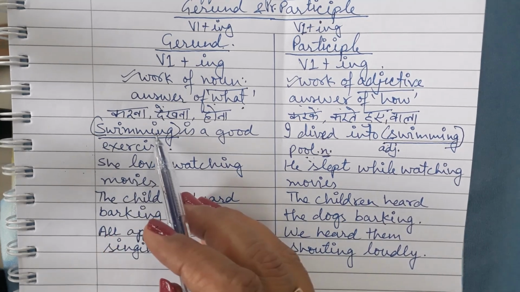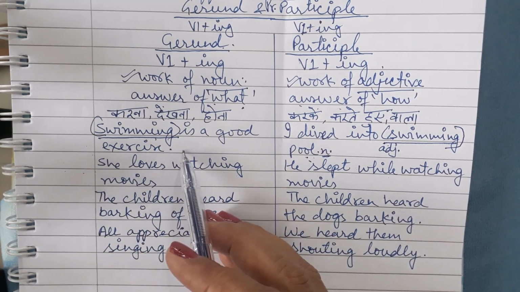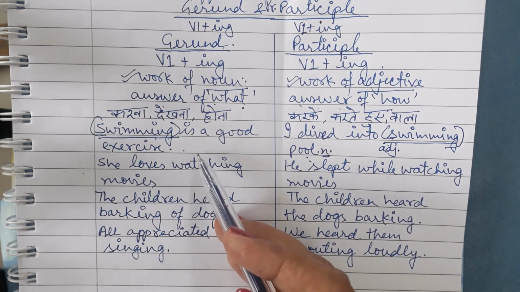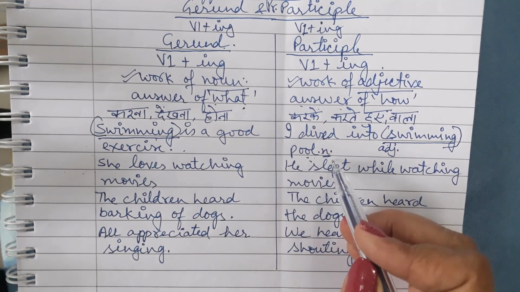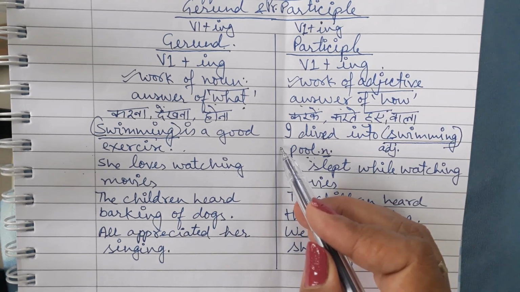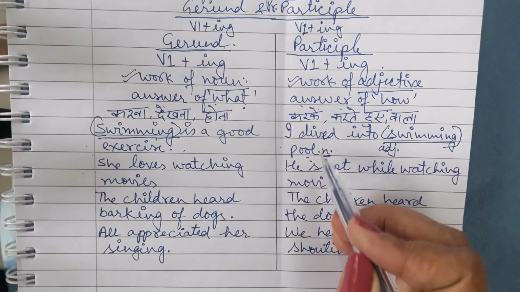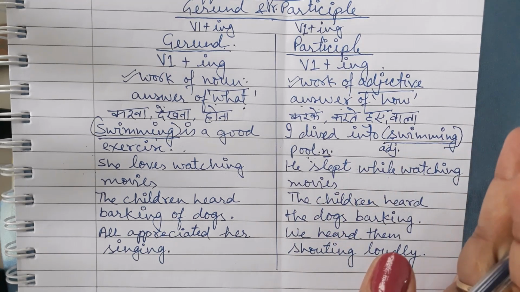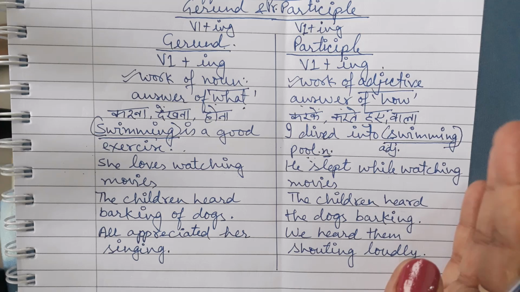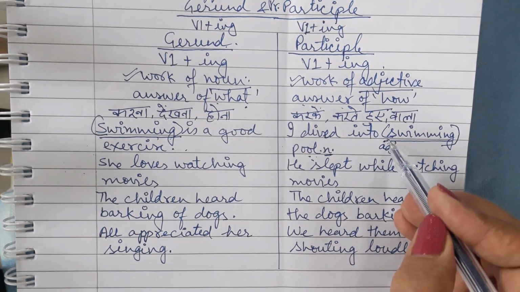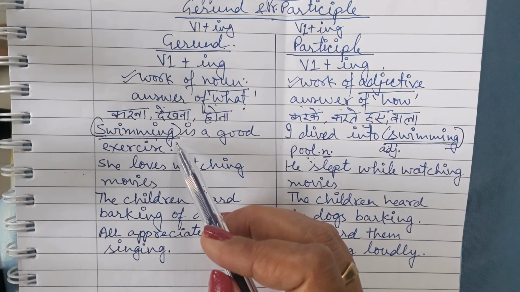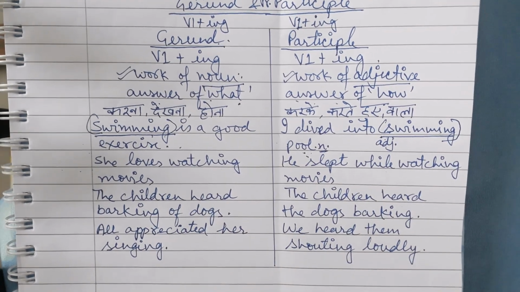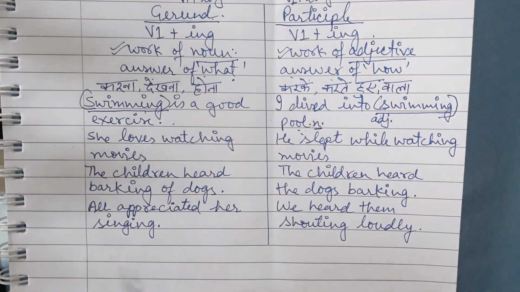If we remove swimming is a good exercise, will not make any sense. But if I say I dived into a pool, then it will remain a sentence and it will make a sense also. That is why adjective is not so important for a sentence how important a noun is. So this way also you can identify.